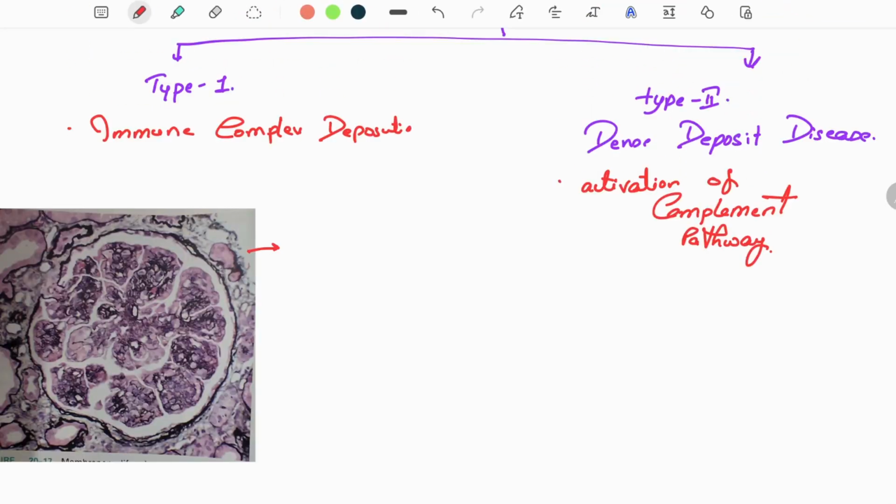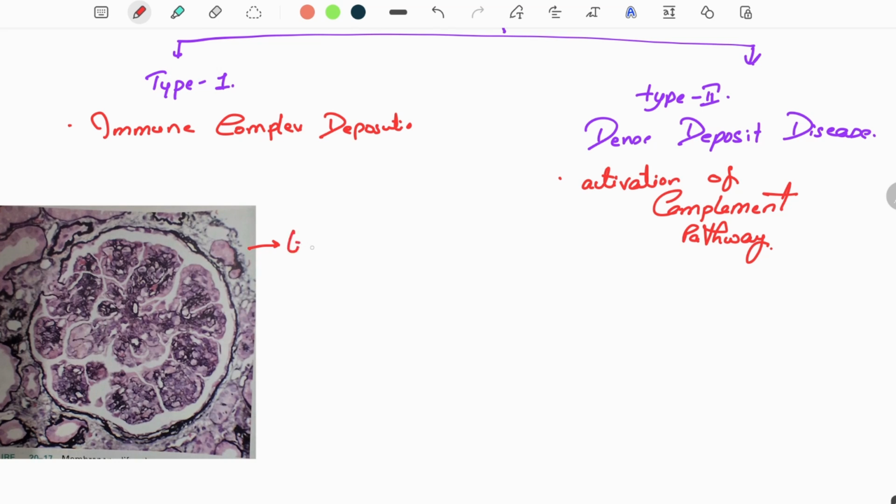Now let's move into the microscopy, where we will discuss about the electron microscopy. So this is the light microscope image. So here you can observe tram track appearance. So the immune complexes and the complement deposits split the basement membrane into two.